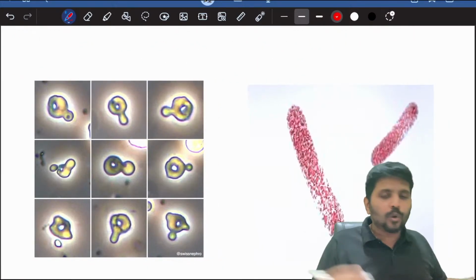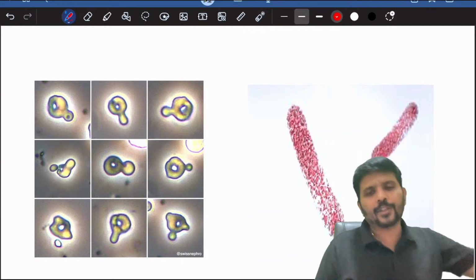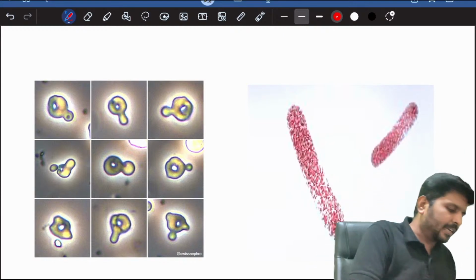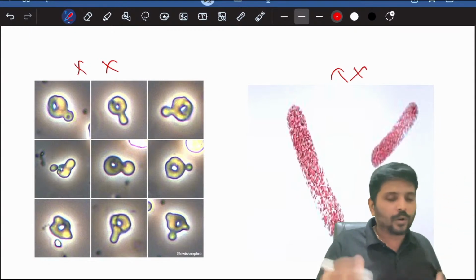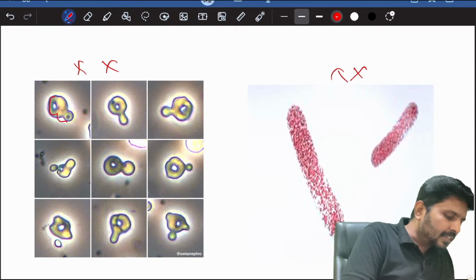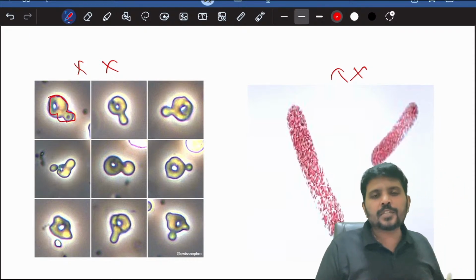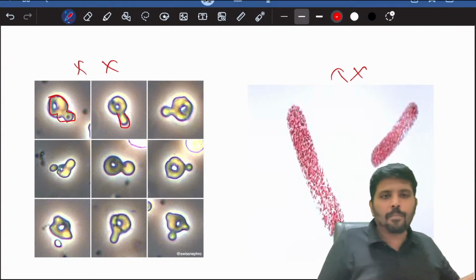Point number 2. Look at this. The urine examination on the left and the urine examination on the right. Look at this. The RBCs are deformed. The RBCs are having some kind of blebs.